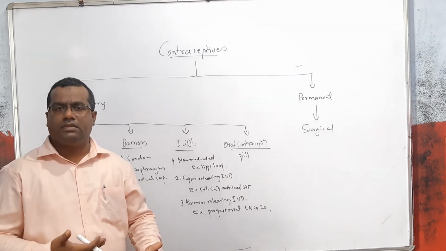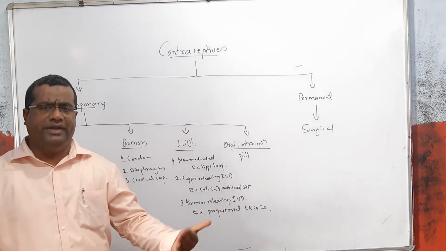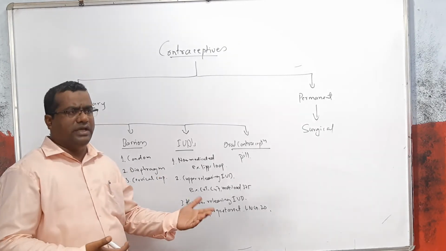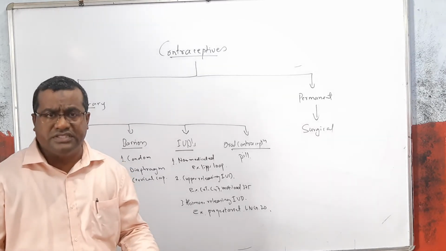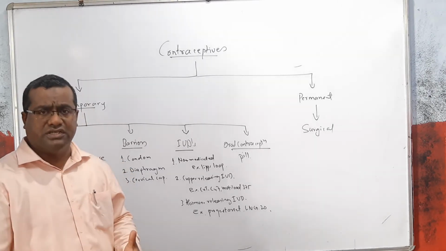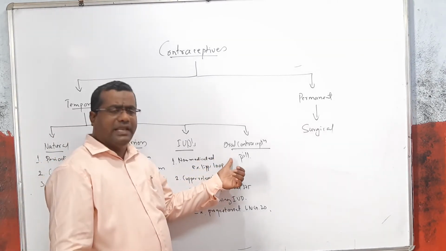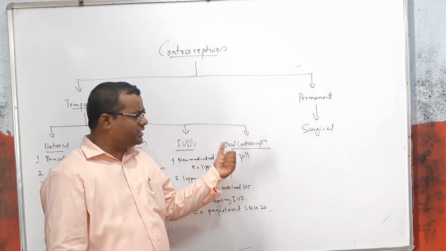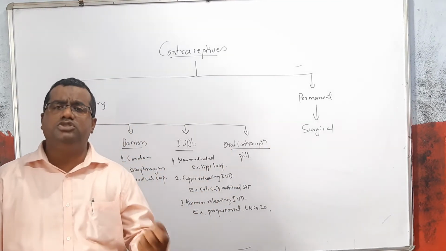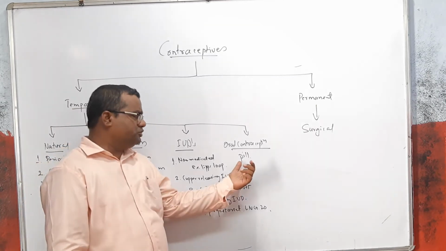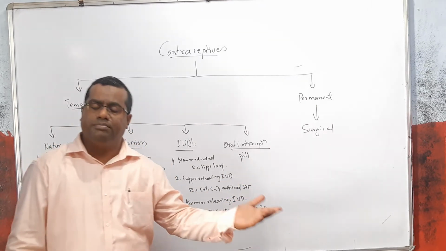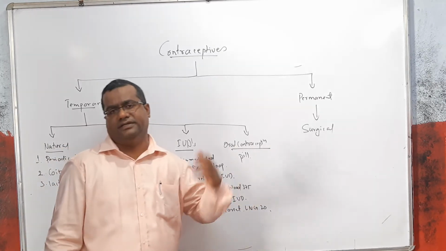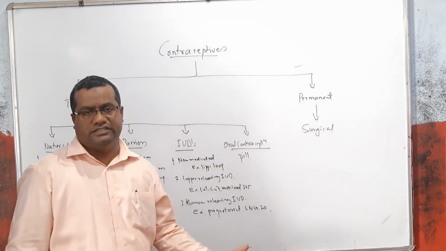Those tablets make a woman produce egg in a proper date, proper sequence, proper condition. So the females who consume the pills do not produce the properly conditioned egg. That is what oral contraceptives are.